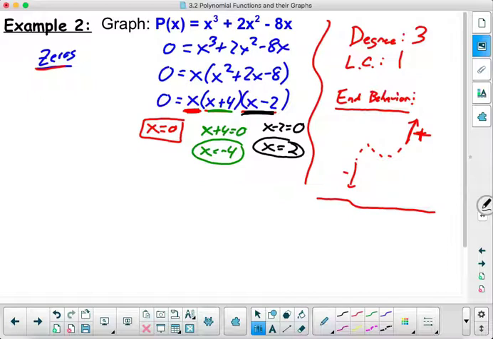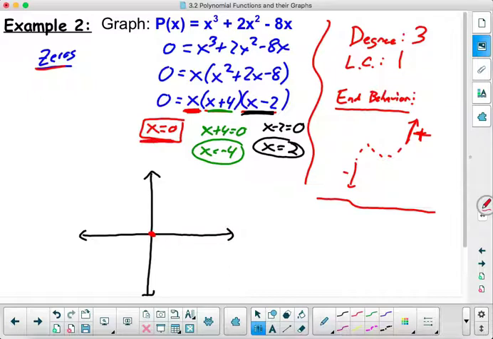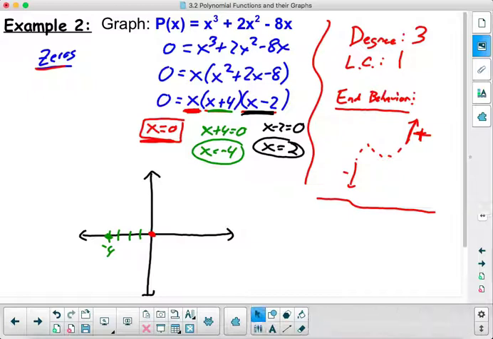So if I want to graph this and start making a point to look for, draw my best looking graph that I have here, there it is. I could plot these things on my graph. I know that this zero has to be a 0. So I have a 0 there. I know that's -4, so -4 also has to be a zero of some sort. I know that 2 over here has to be a zero here too.